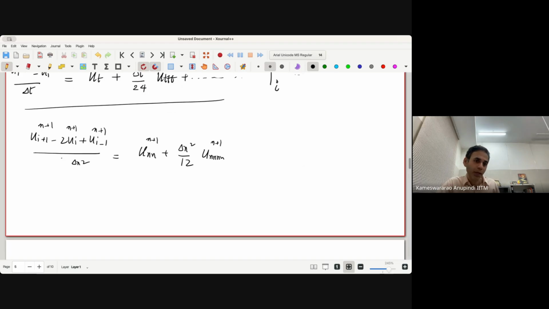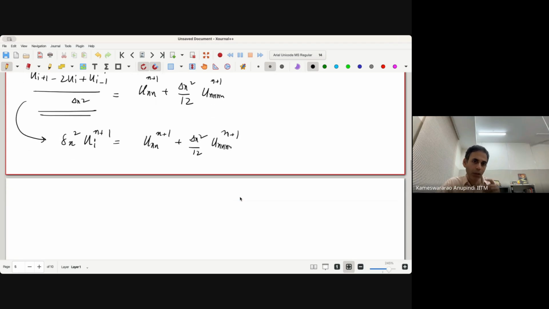So I can simply write, as a short form, this is δx squared operating on u_i at n plus 1. This is nothing but u_xx at n plus 1 plus Δx squared by 12 u_4x at n plus 1.